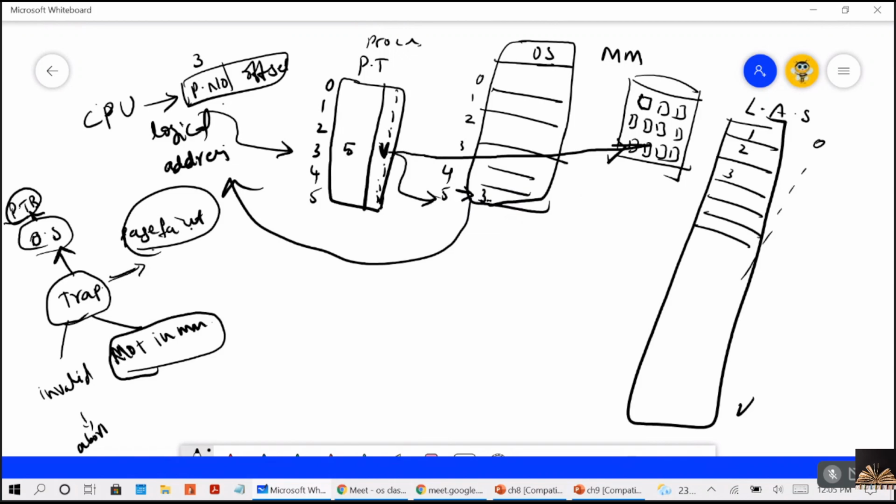Now the CPU is requesting for another page, but the main memory is full. What to do?